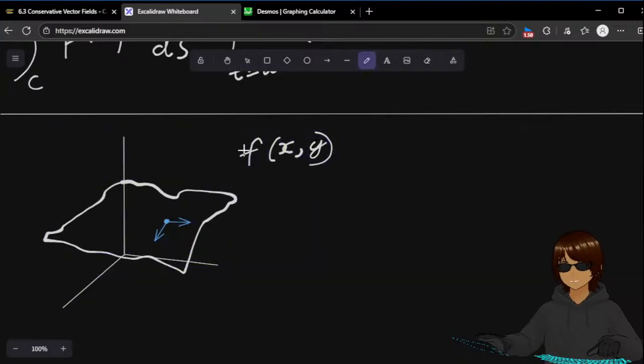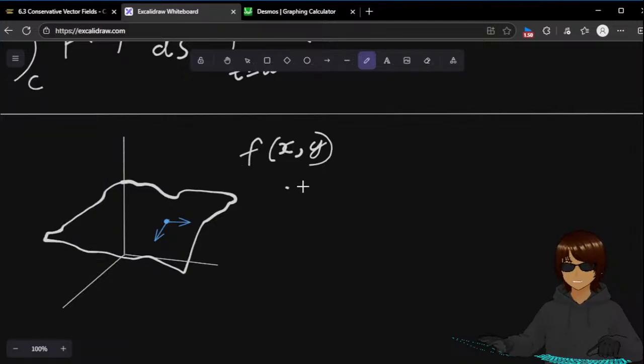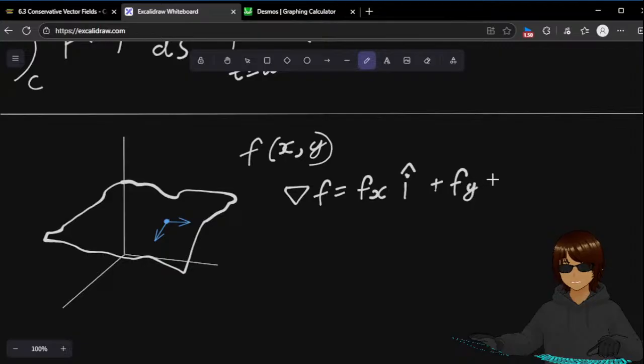So this surface is defined by f of x, y, and then we have another thing called the gradient of f. The gradient of f is the partial derivative of f with respect to x in the i direction plus the partial derivative of f with respect to y in the j direction.